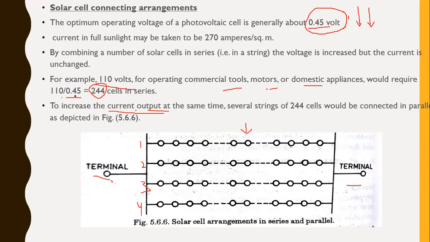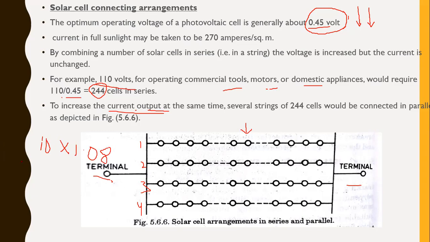If you take 10 strings, total is 10 into 1.08, which is 10.8 amperes of current coming from the 10 parallel strings.